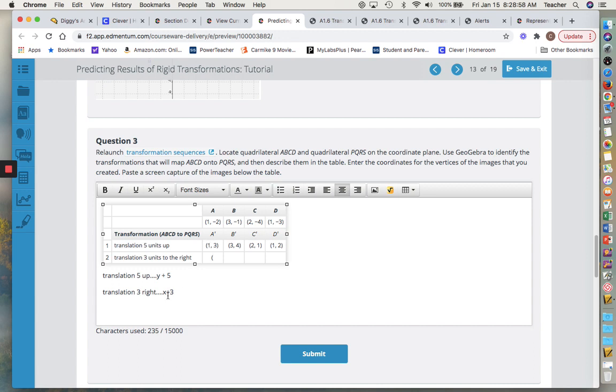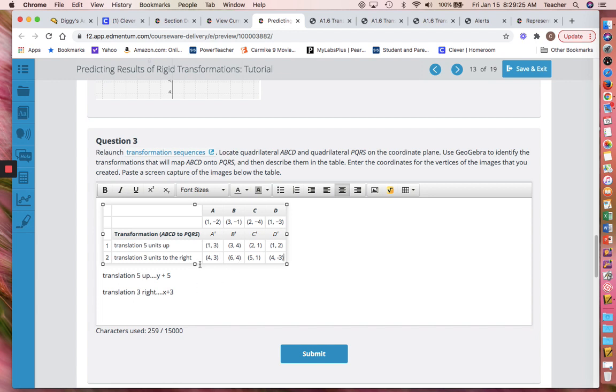So 1 plus 3 is 4. The 3 stays the same. 3 plus 3 is 6. The 4 stays the same. 2 plus 3 is 5. The 1 stays the same. And 1 plus 3 is 4. This -3 is going to stay the same.